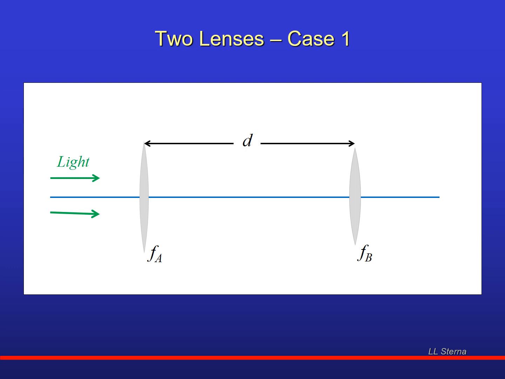That's going to be A, focal length f sub A. When it passes through that lens, the next lens it comes to, the second lens we call B, focal length f sub B. The two lenses are separated by a distance d. We're going to use that symbol d, the separation between the two lenses.